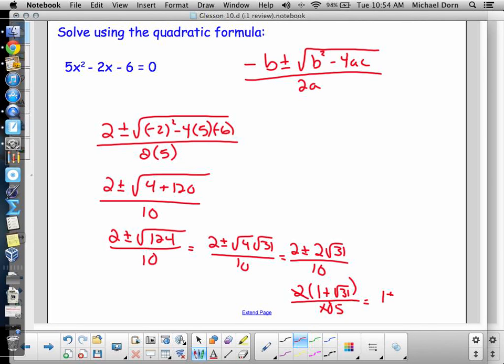So it's 1 plus or minus root 31 over 5 would be the simplest terms. But honestly, I'd probably take this answer right here. That's just going to be on your quiz.